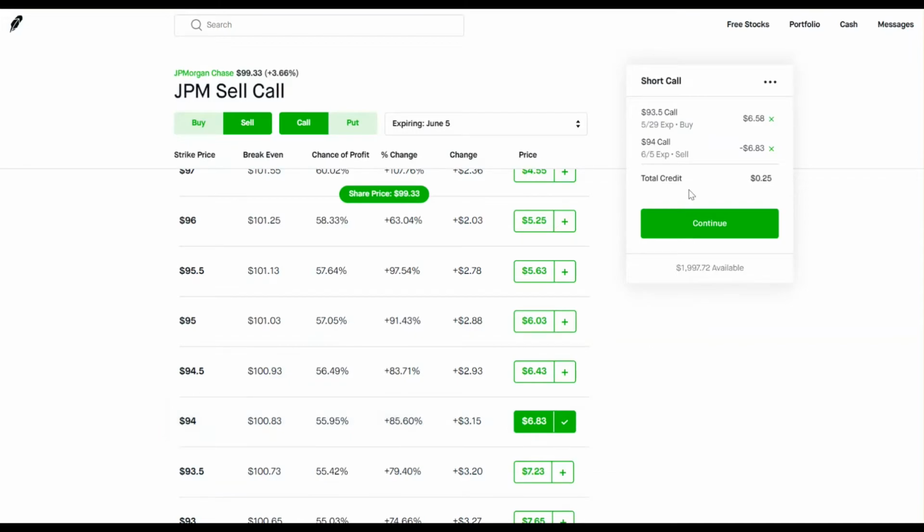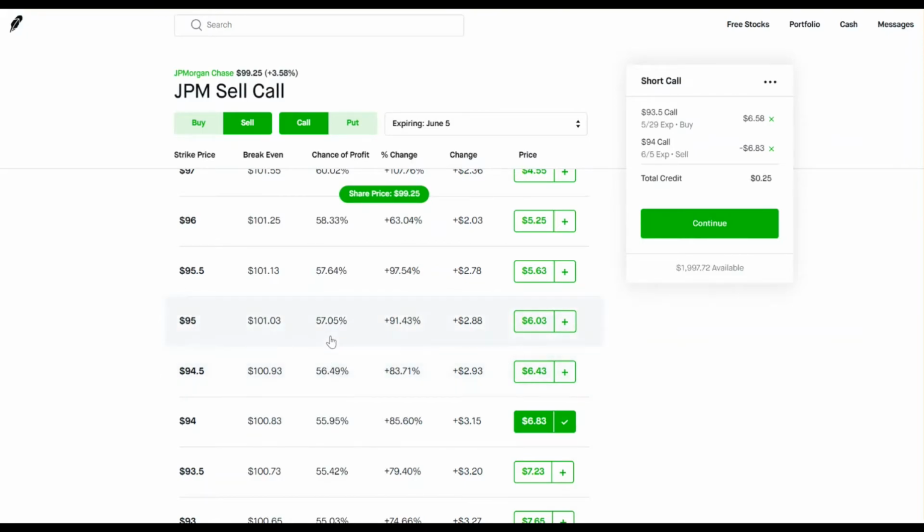Also, you have to remember this is being exercised a week later. So I'm saying for this week, two things can happen next week. The prices can go up from 99, prices can come down. Let's say the prices go up. What would I do then? Let's say it goes to 105, right? What I'll do is I'll just roll it over another 50 cents or $1, and still do the same.